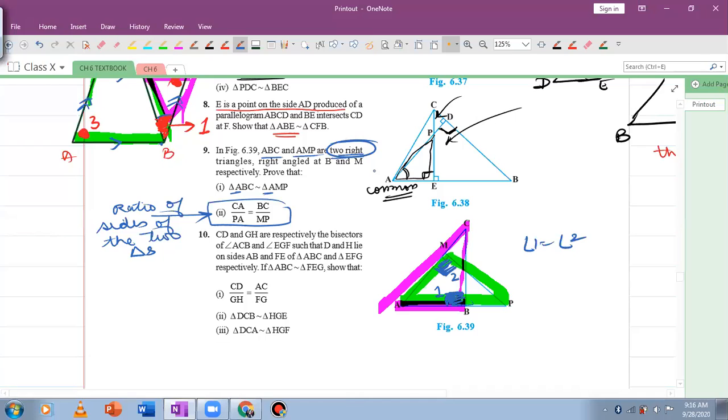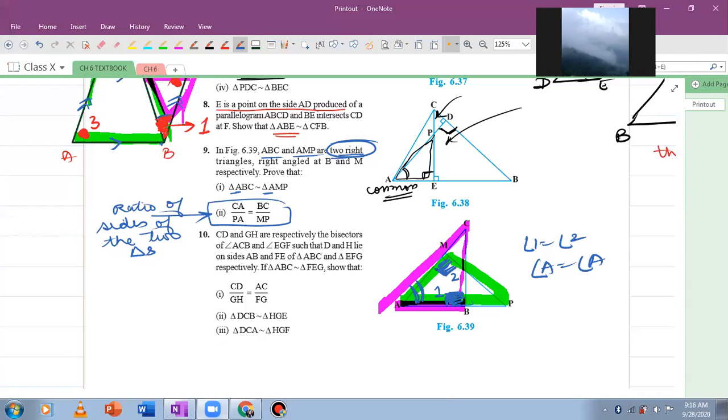Along with that, there is an angle which is common in both the triangles. Angle A is common to both the triangles. As you can see, the way you identify that the angle is common is by looking at the figure.